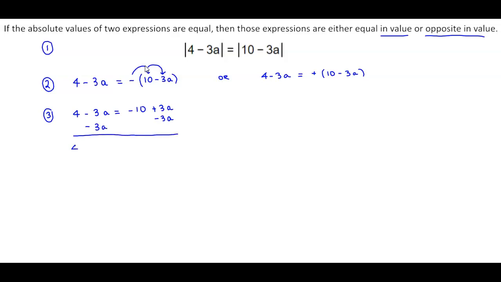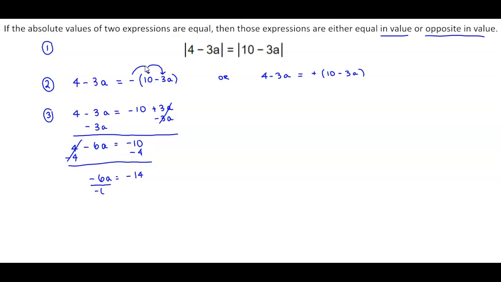So we have 4, this is minus 3a, which is minus 6a. And that's equal to negative 10, and this is 0. So now we're going to subtract 4 from both sides. So we have negative 6a, which is equal to negative 10 plus negative 4, which is negative 14.